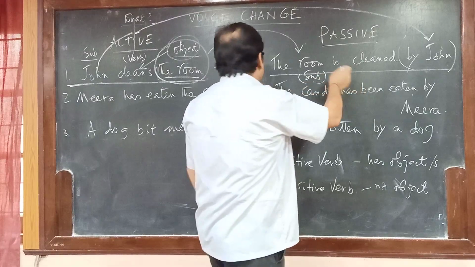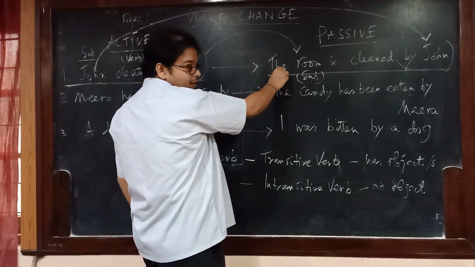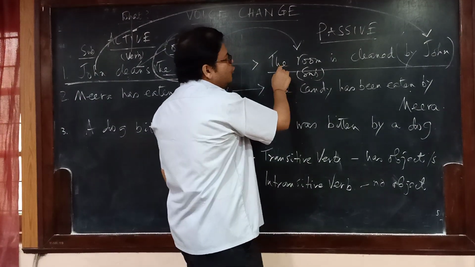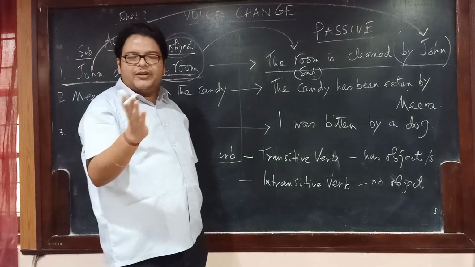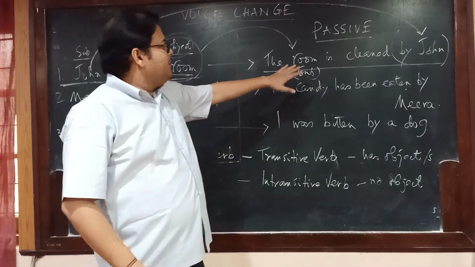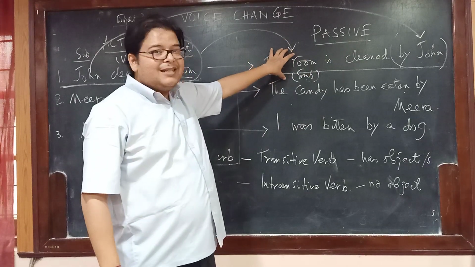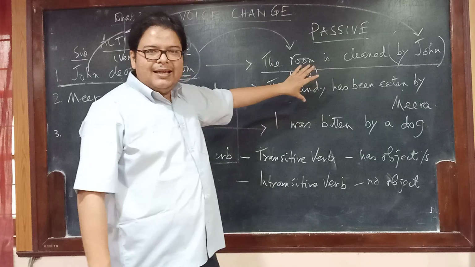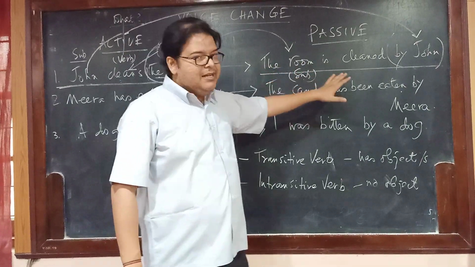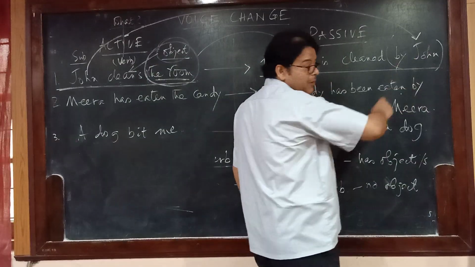In passive voice, we have made that object the subject, the grammatical subject here. The room is cleaned by John. And as I told you in the first video, in passive voice, the grammatical object is acted upon. Right? So the room is cleaned. It is being acted upon. It is cleaned. And then the performer, by John.